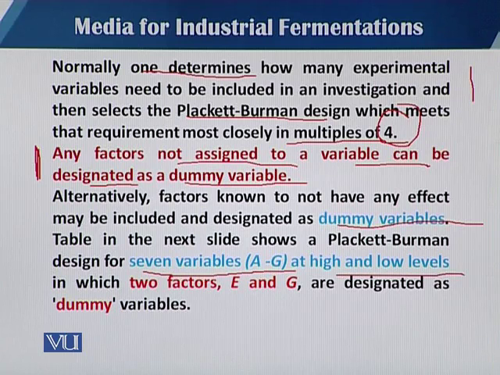So 7 variables with 2 different possibilities, high designated by H and low designated by L. The 2 variables designated by E and G are dummy variables. As we have already seen, during the Plackett-Burman design we have 1 or 2 dummy variables which determine the whole set of the design.